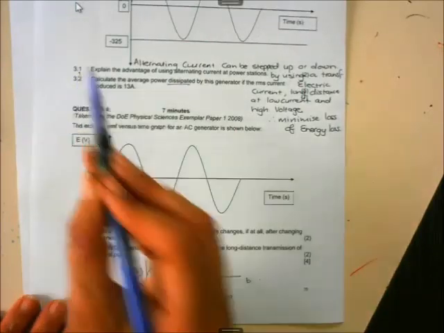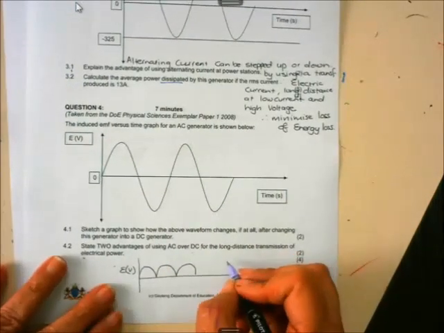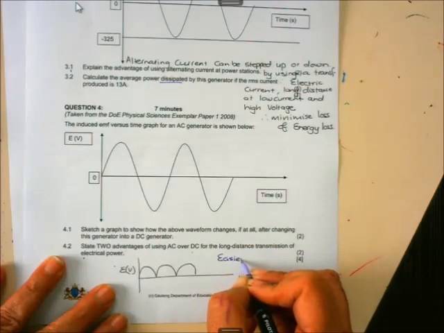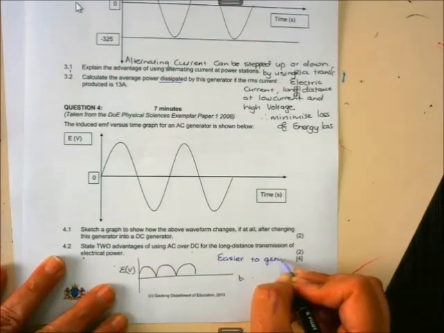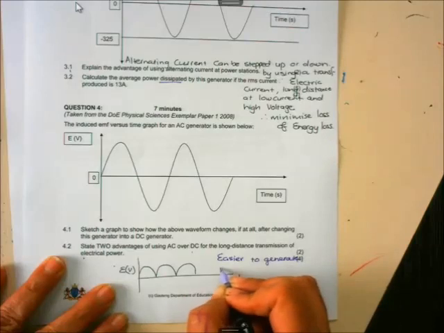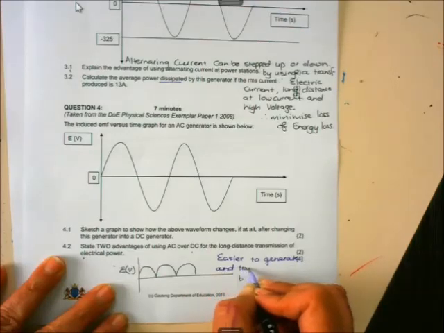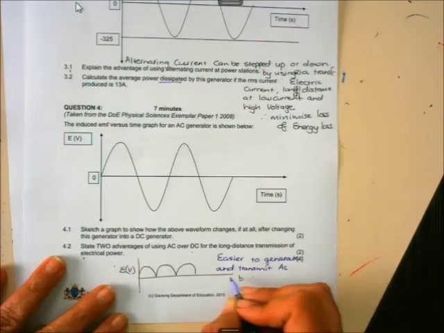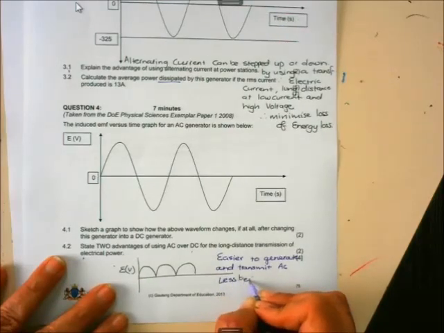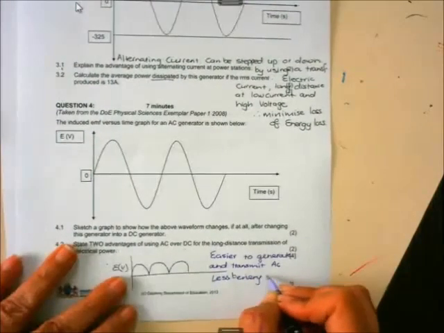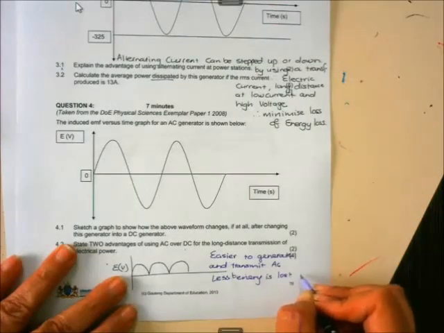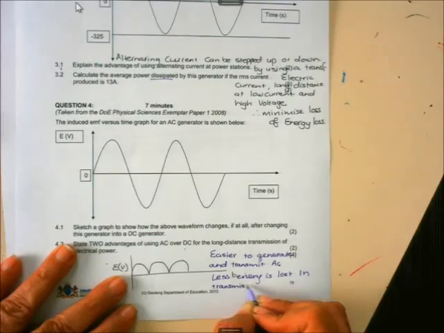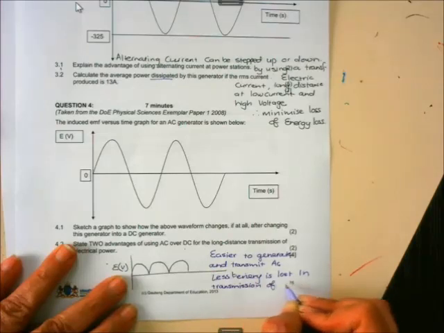So the first thing you're going to say is, I would say that it's easier to generate and transmit AC current, and less energy is lost in the transmission of AC current.